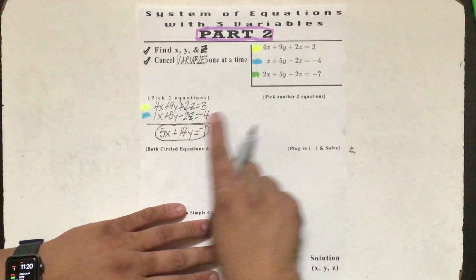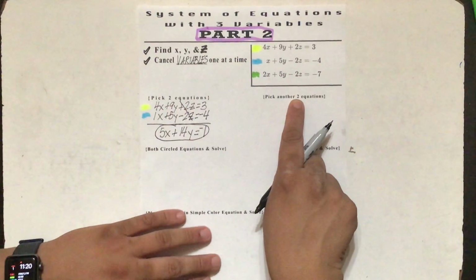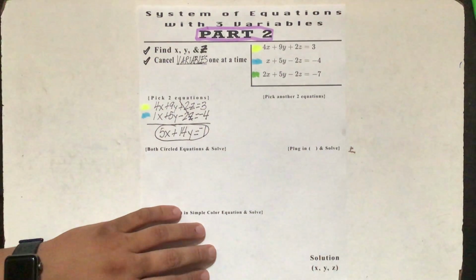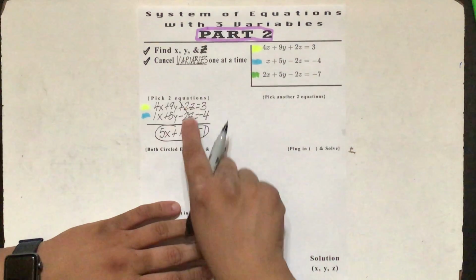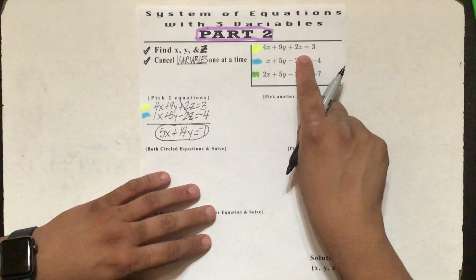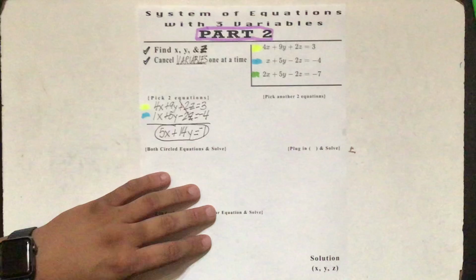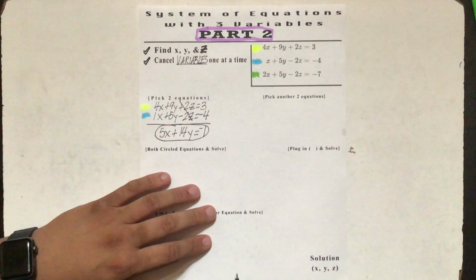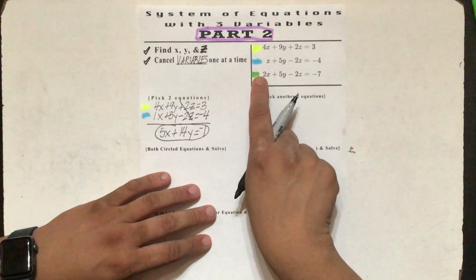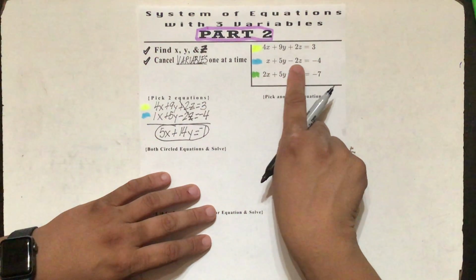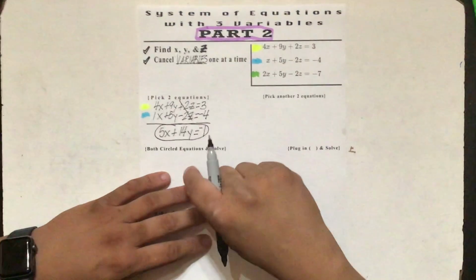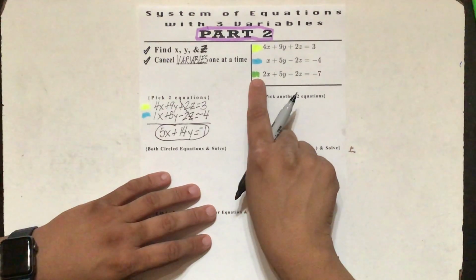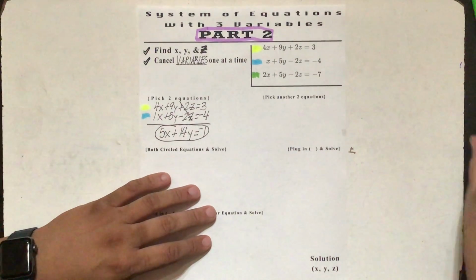Now, we did this step. Let's go to the right. Pick another two equations. So I'm canceling z's here, so I want to cancel z. So again, let's remind ourselves that opposites cancel, positive 2, negative 2, right? So blue and green would not work because look, negative 2z and negative 2z don't cancel out. But yellow and green do cancel out though.